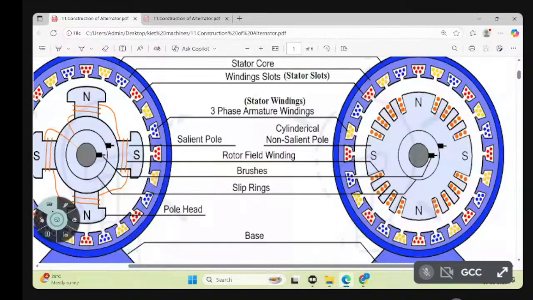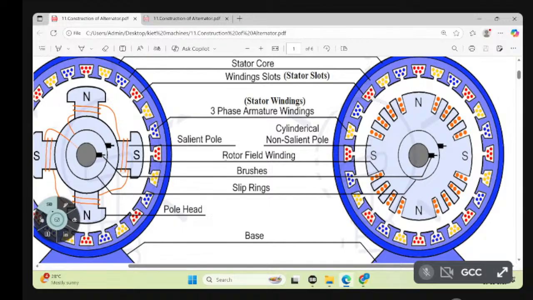How will it look? It looks like a circle. That's why we can call it non-salient, or wound round, rounded. It is in a circle, round. You can say wound round, or cylindrical, or non-salient pole.